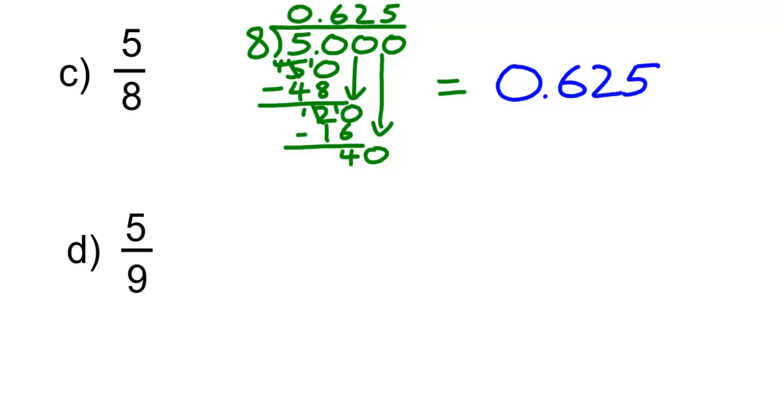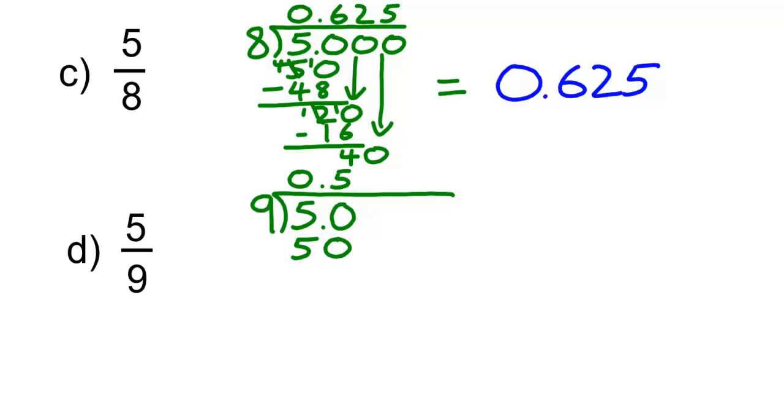Five over 9 can be written as 9 going into 5. And 9 goes into 5 0 times. Add a decimal, add a 0, bring down the 5 and the 0. 9 goes into 50 5 times. 9 times 5 is 45. 50 minus 45 is equal to 5.